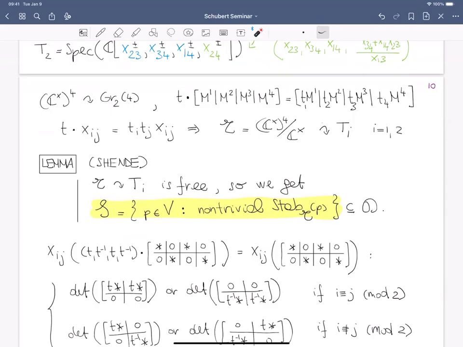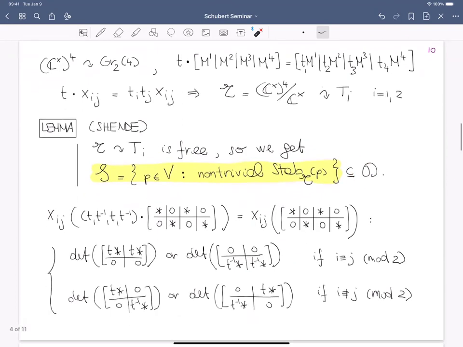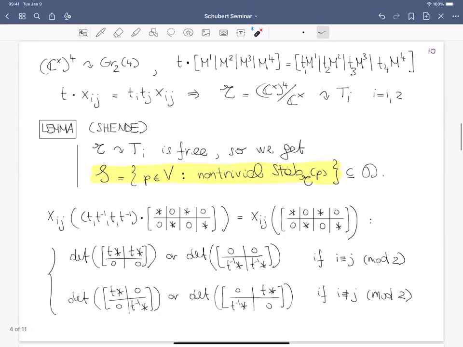And so, consequently, if we denote S the locus of points that have some non-trivial stabilizer, then this locus needs to be necessarily contained inside the deep locus.